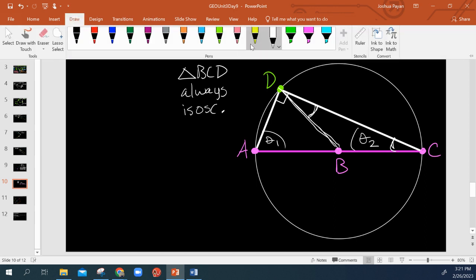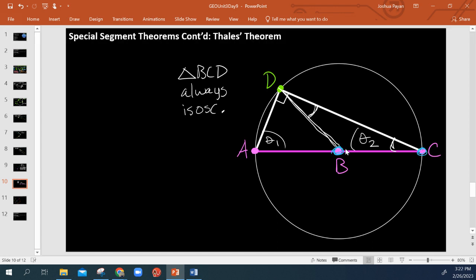And that should make perfect sense because what kind of special segments are BC and BD? They must be radii. So BC must be equal to BD, which of course implies that triangle BCD has to be isosceles.